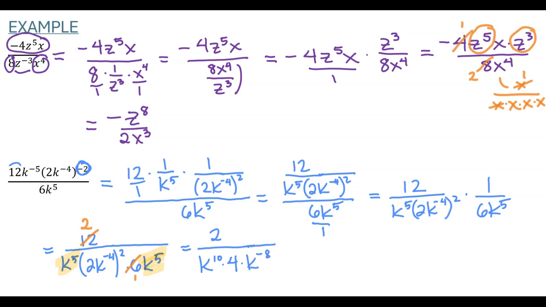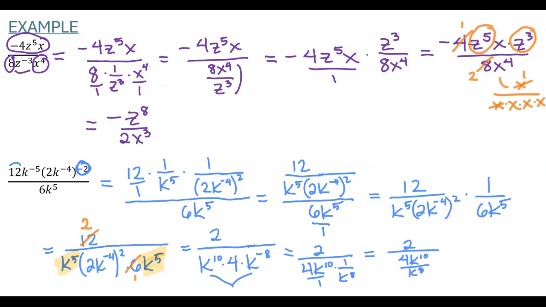And now, again, you have a lot of choices. We could combine these using the rule that says if you have two factors with the same base, they both have k as their base, you can add. If we're going back to basics and trying to understand what's really happening there, I'm going to move down just a little bit because I wrote that big fraction so big before: 2 over 4k to the 10th, and then k to the negative 8 is 1 over k to the 8, which means I have 2 over 4k to the 10, and that's over k to the 8.